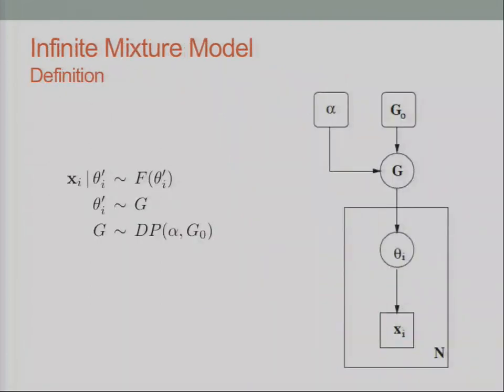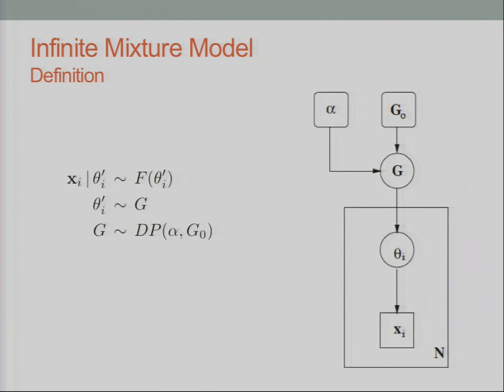Okay, so the infinite mixture model using the Dirichlet processes is defined by this. So we have n data points indexed by i here, conditioned on some parameter, and that parameter defines the distribution of the data.